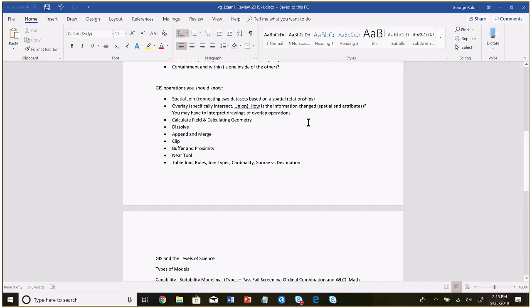So you should be able to specify which one is which in an example. All right. So for overlay, let me see here. I don't want to say anything that's false.